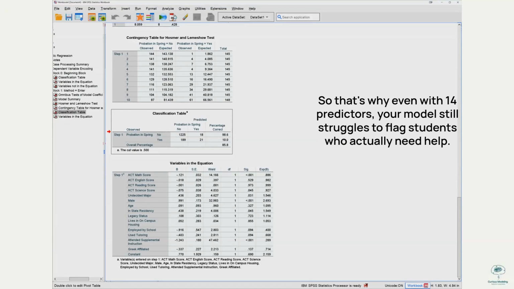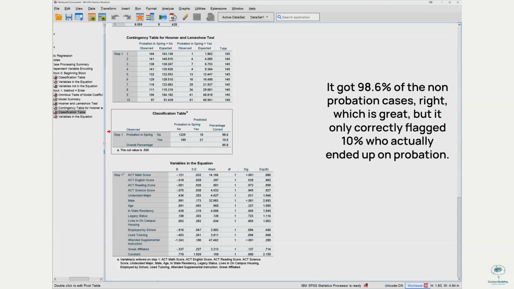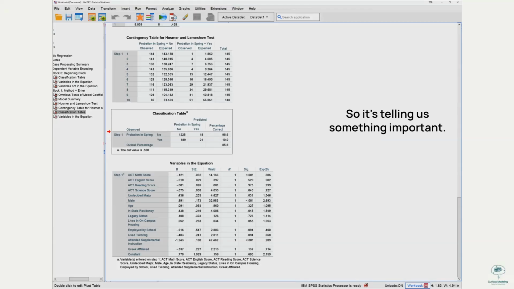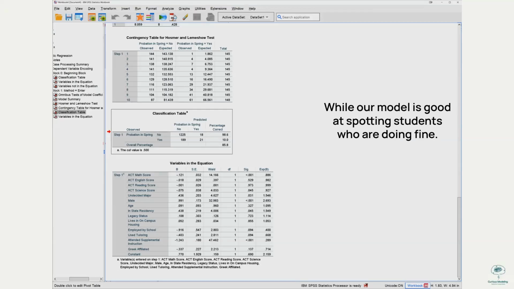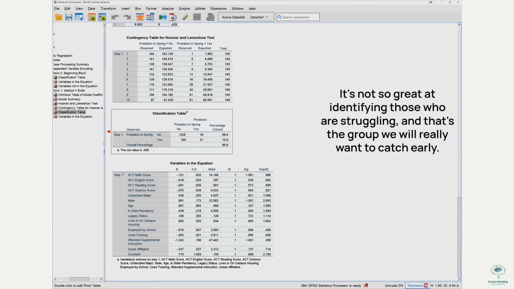So that's why even with 14 predictors, your model still struggles to flag students who actually need help. It got 98.6% of the non-probation cases right, which is great, but it only correctly flagged 10% who actually ended up on probation. So it's telling us something important. While our model is good at spotting students who are doing fine, it's not so great at identifying those who are struggling. And that's the group we really want to catch early.